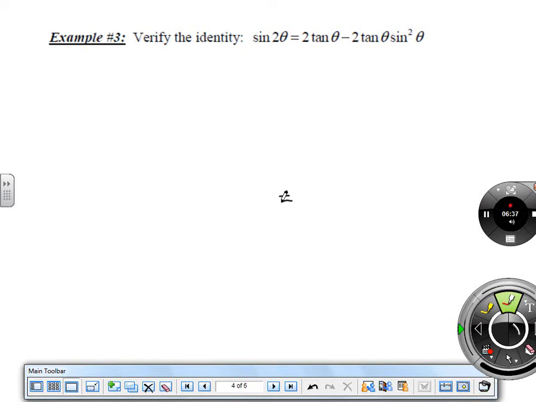So if I do this, let's see. One way I could do this is I could factor out the 2 and the tangent if I want. And if I did that, that would leave me 1 minus sine squared. 1 minus sine squared is the same thing as cosine squared.